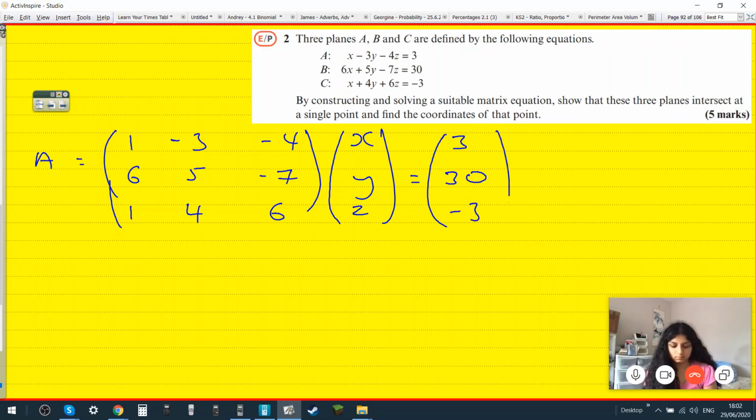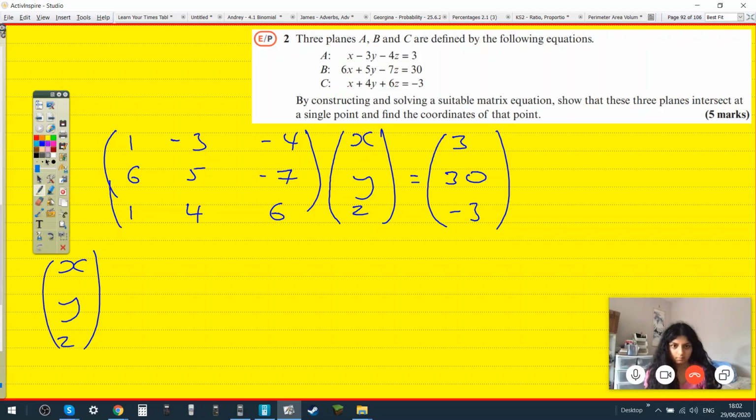I better get rid of that A thing then. And then inverse times. Should I just give the answer? So that's A. Calling that B. A to the minus 1 times B.